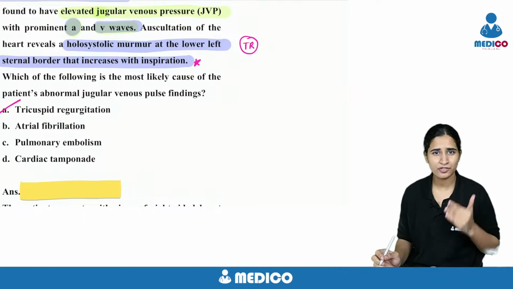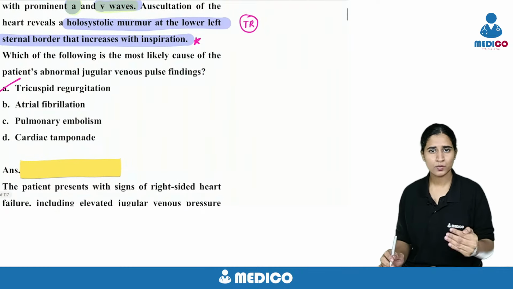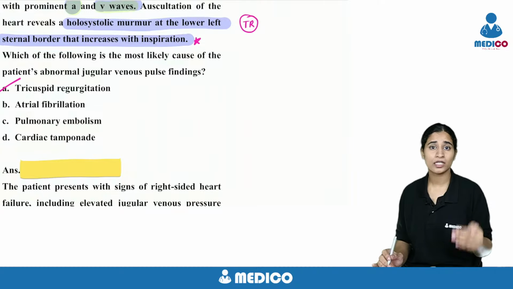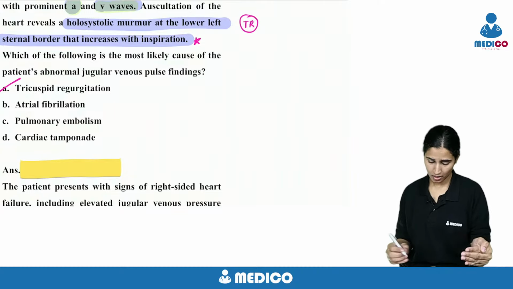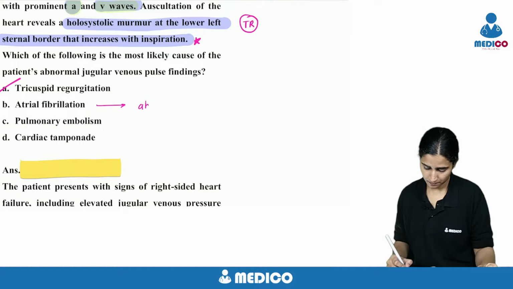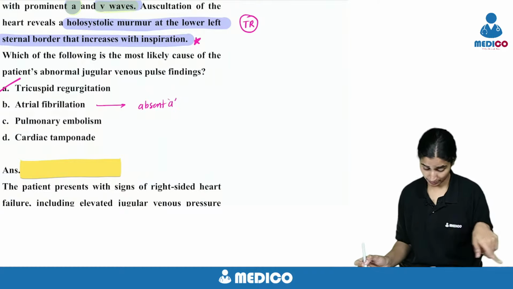In case of atrial fibrillation, he can present with heart failure, but it's both left and right heart failure. And if you look at the pulse, it will be irregular, and if you look at the JVP, there will be absent A waves. And here he has given that there are prominent A waves, so you are excluding that.